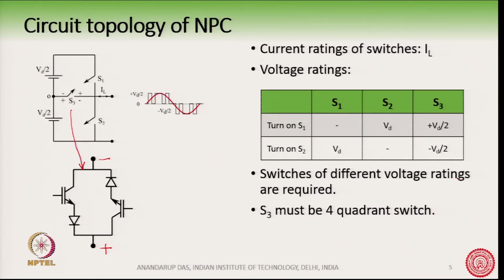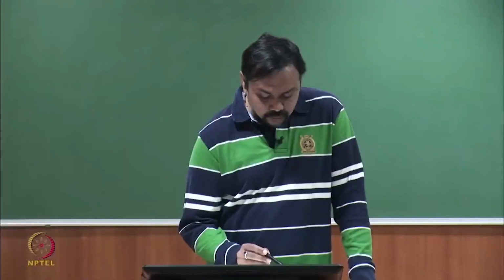It has to block voltages on both sides, plus and minus, and it has to carry current in both directions. Next, suppose I want to use switches of the same rating, because in the last slide we saw that we need switches of Vd for S1 and S2 and Vd by 2 for S3.